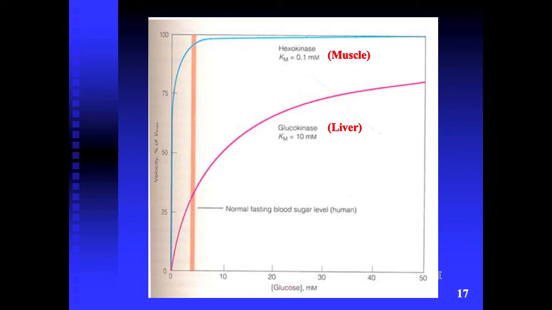Now, let's say after a meal. Now, let's say we go up to at least 10. What happens to the enzyme? It doesn't work much faster. So that means after a meal, which tissue has more of an advantage of phosphorylating glucose? The liver. And why is that important? Because the liver can store it as glycogen and release it later as glucose.